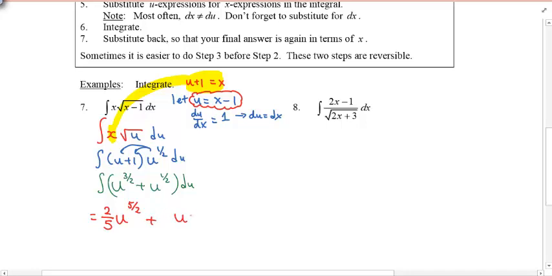Same thing here, u to the power 1/2, add 1 to get 3/2, dividing by 3/2, same thing as multiplying by 2/3, and don't forget plus c. Now, if you left your answer like this, I'd be like, you're almost done.